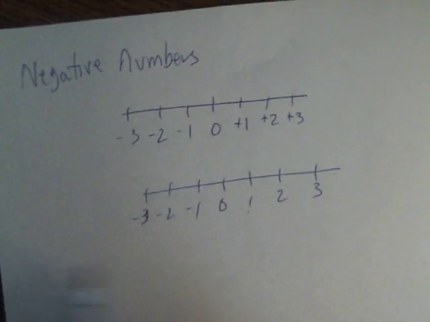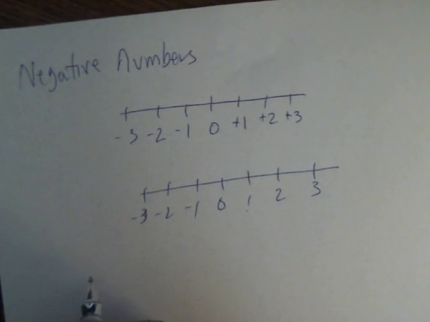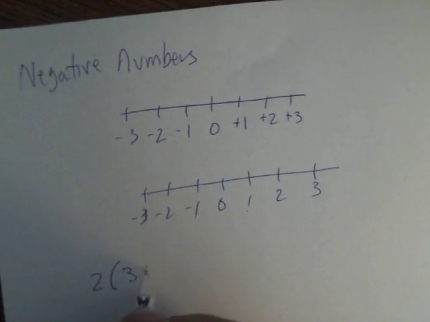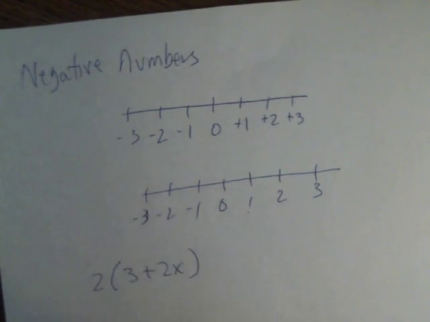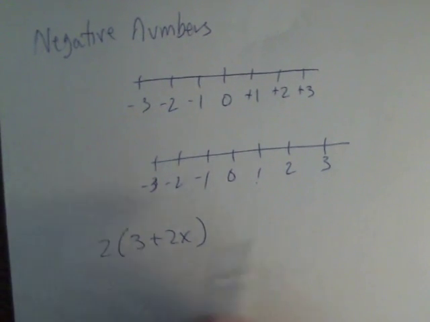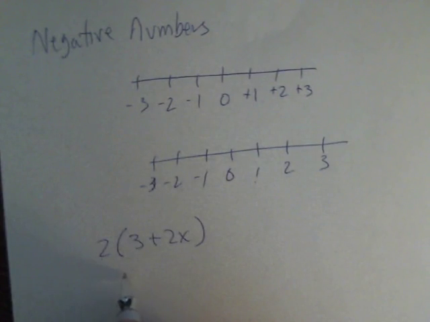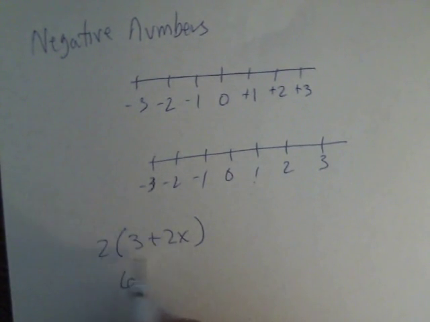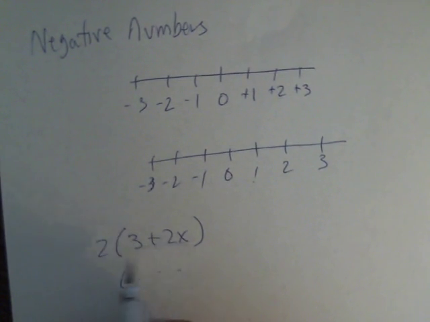So when we look at operations with negative numbers, I'm just going to start with a basic distributive property type deal here. If I take 3 times 2x, well, everything's positive here. I know 2 times 3 is 6. But then I have to have a sign between the next two numbers because I do have an expression.